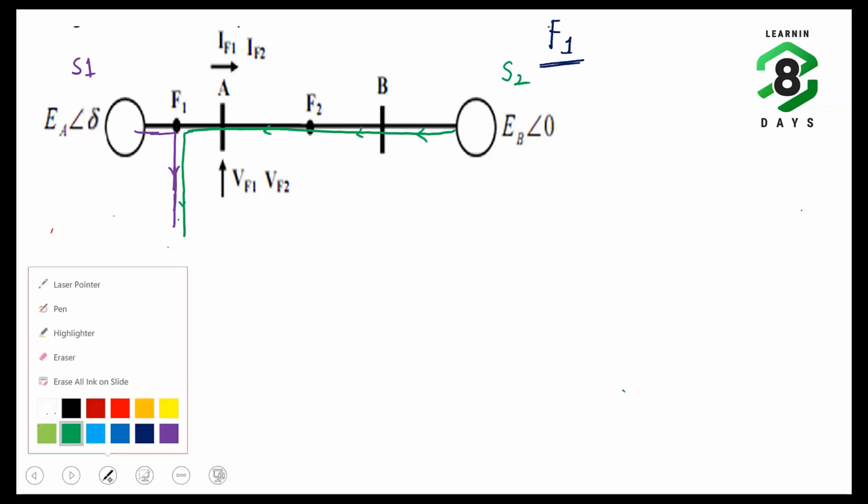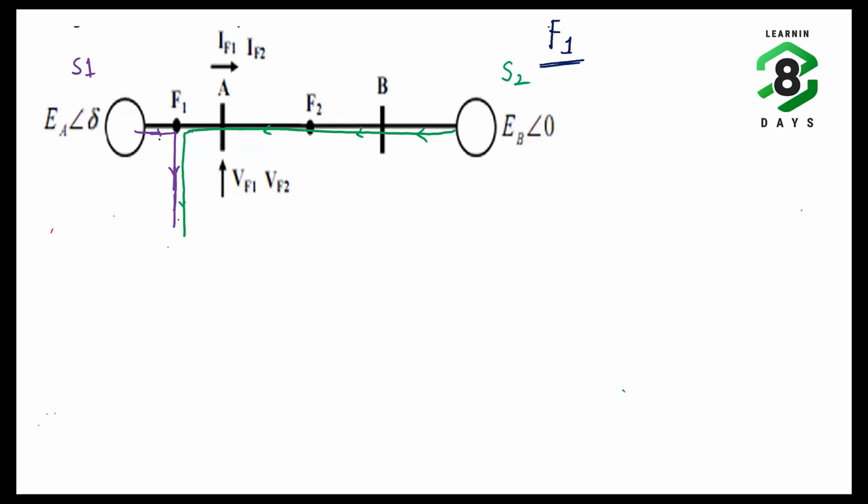So the two fault currents from two sources will be flowing like this if the short circuit occurs at F1. Let this current coming from the source be IB.